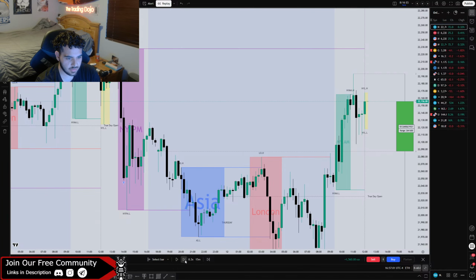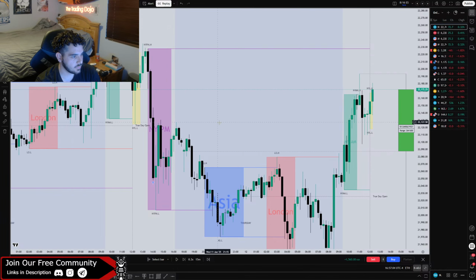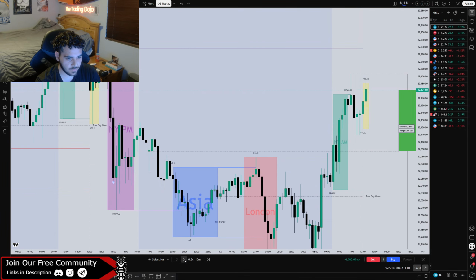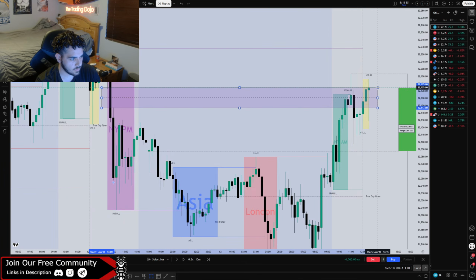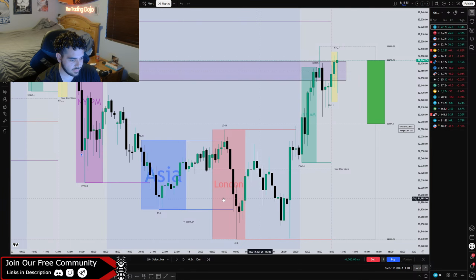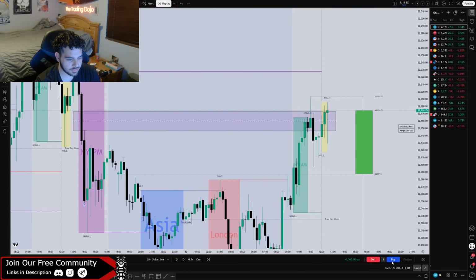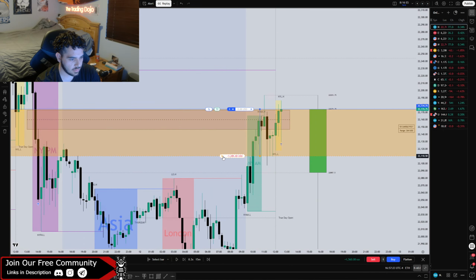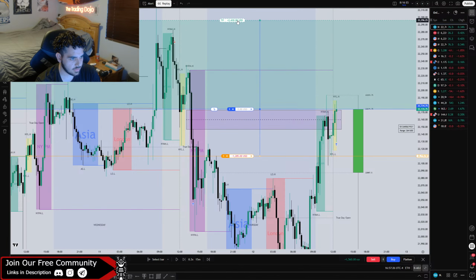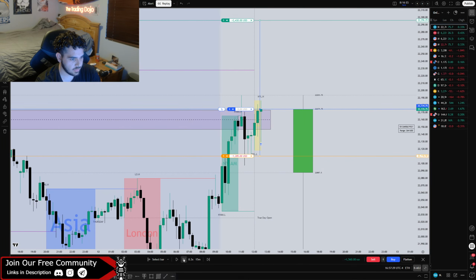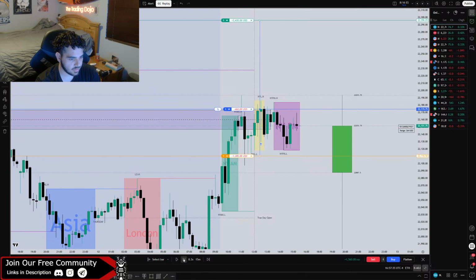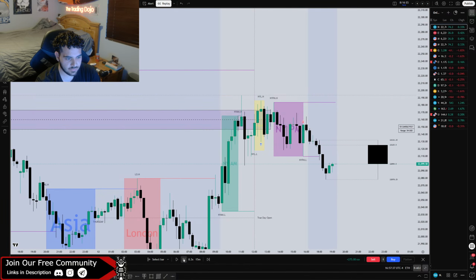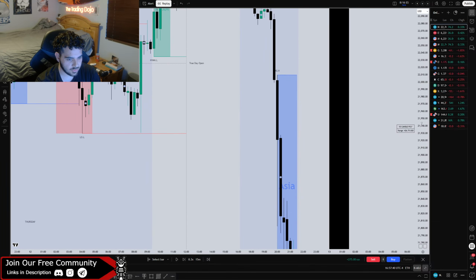Let's see if we could hit something in here. We have this inversion. We took out Asia. We still have a little bit more expansion left, in my opinion. So let's see if we could hit this, just like a 1 to 2. We're super consolidated. Yeah, we're not gonna move.